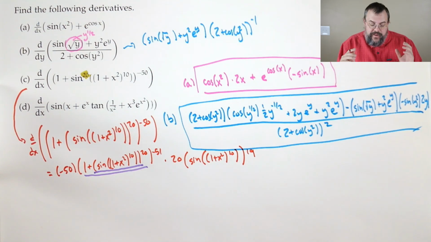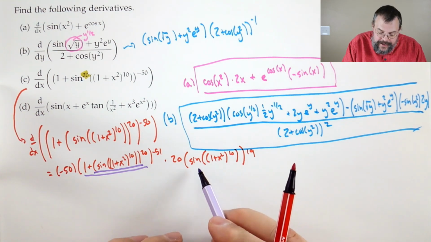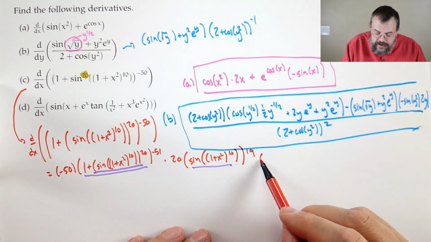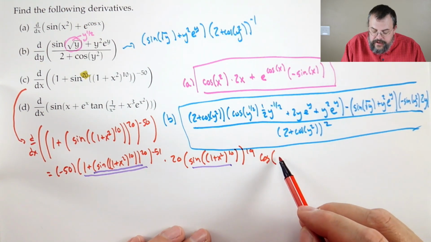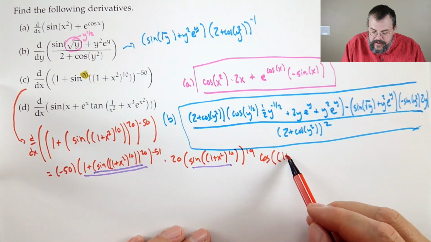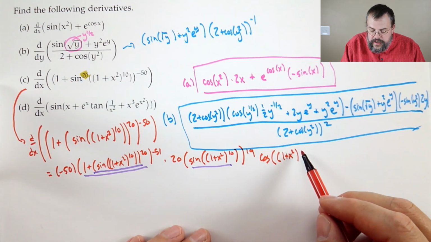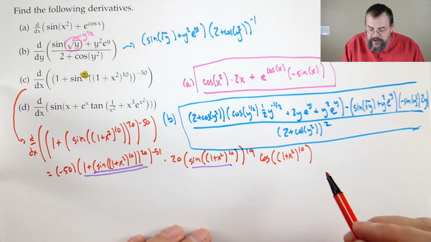Good. Now, we keep working our way in. What's our next layer? Our next layer is the sine function. So this will be times the cosine of, and the inside stays alone because the derivative of sine is cosine. So cosine of 1 plus x squared to the 10th.